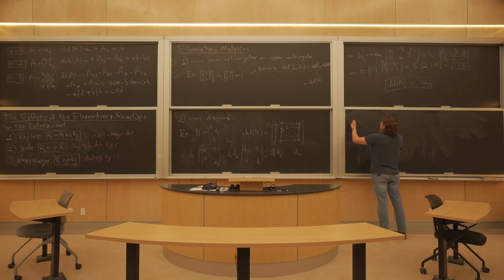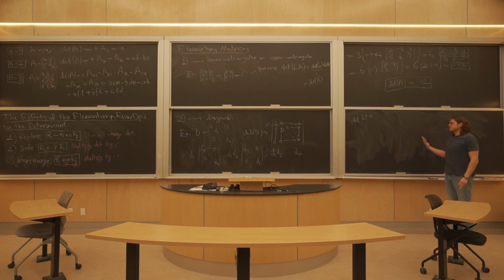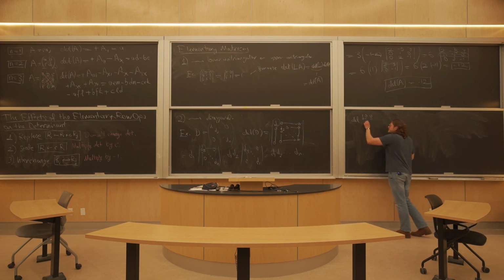So let's write it like this. Determinant of, for instance, let's say that I'm scaling the second row. I have a 3 by 3 system. I'm scaling the second row by C. The corresponding elementary matrix is this. And this A is the matrix that I started with. Okay? By the product rule, I can split them like this.